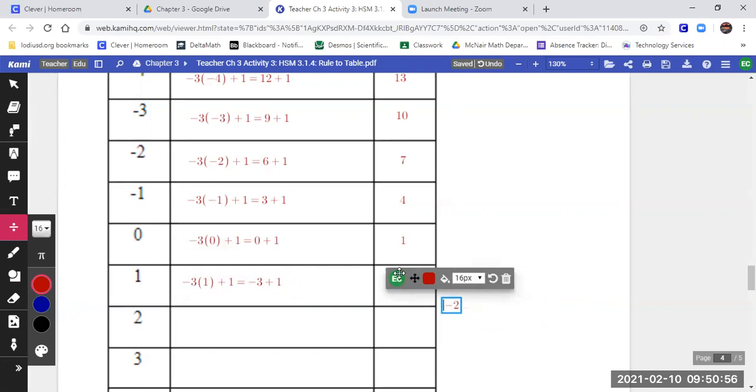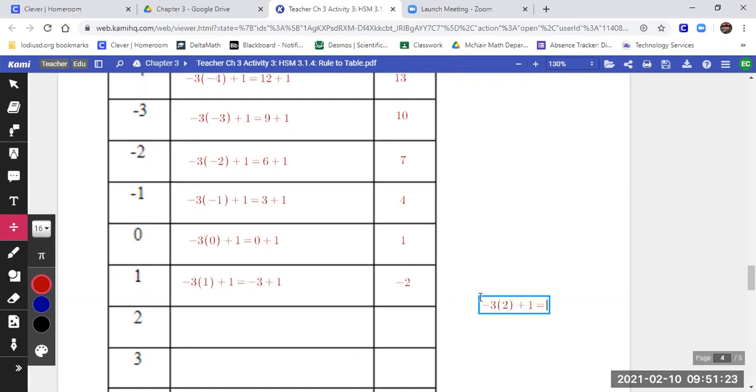Okay. So now we say, what's the next one going to say? Only go to the equal sign. Don't do the part after the equal sign. Negative 3 times positive 2 plus 1.